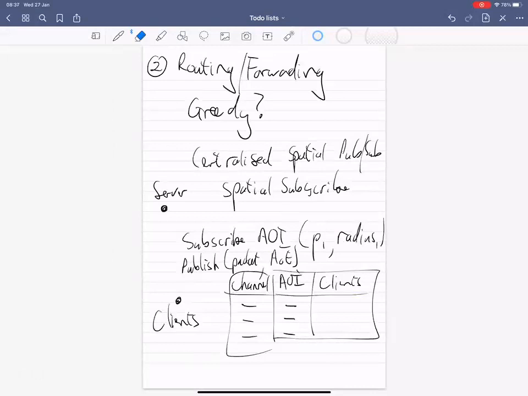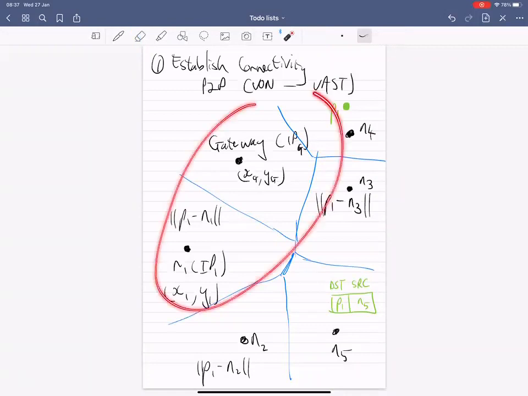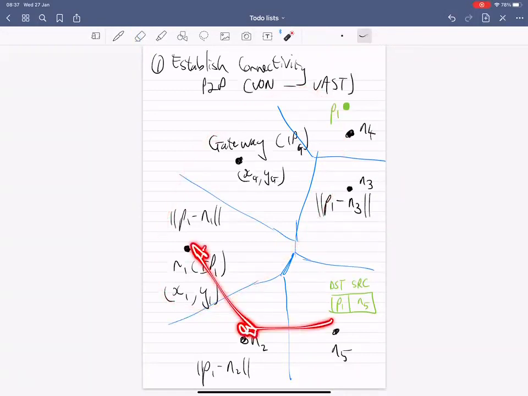I don't know if Herman mentioned this. For example, if you want to subscribe to a really large area, then potentially that can be forwarded so that it's recorded at a more distant node to also match the pub sub records essentially.